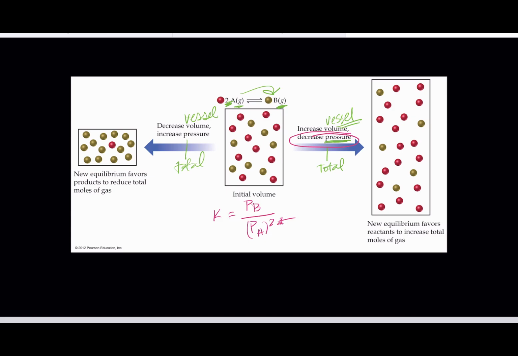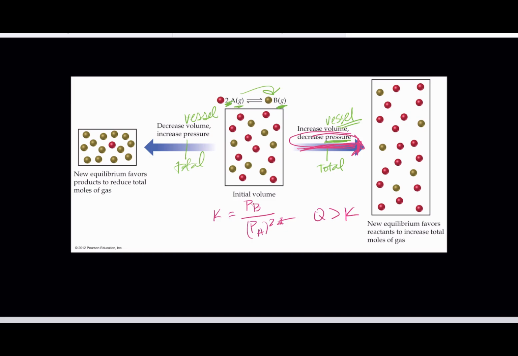So let's say, for example, if I were to go in this direction, which is increase the volume and decrease my pressures, and I think about the outsized impact that has because of the square in the denominator, what happens to Q? Q is greater than K if I increase the volume of my vessel, which decreases the partial pressures of my respective gases. And if you're not sure about that, we can plug in some pretend numbers.